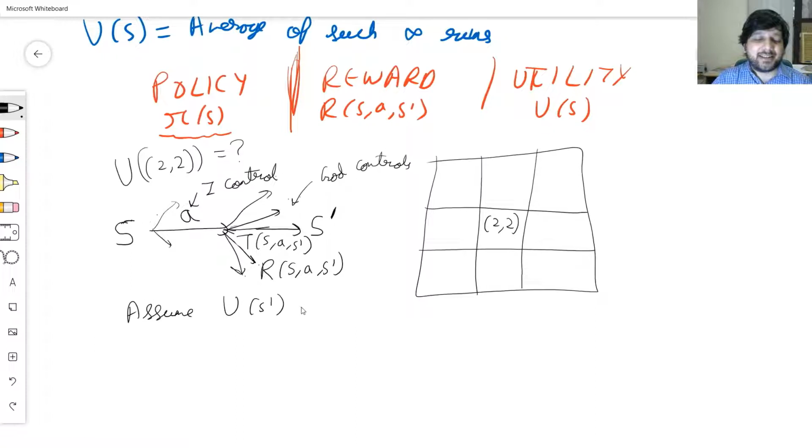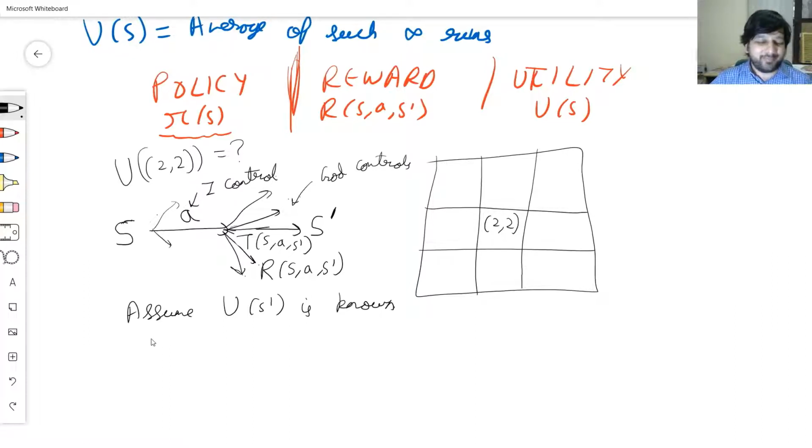What that means is, from S dash, after all the slippings, all that I know is the total summative rewards in going from S dash all the way up to the goal, which is given as U(S dash).